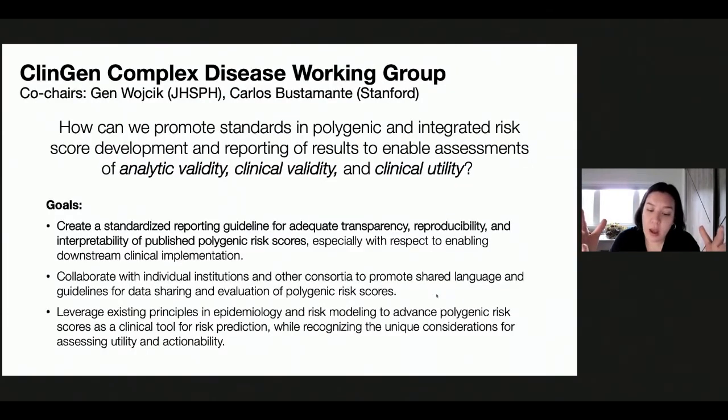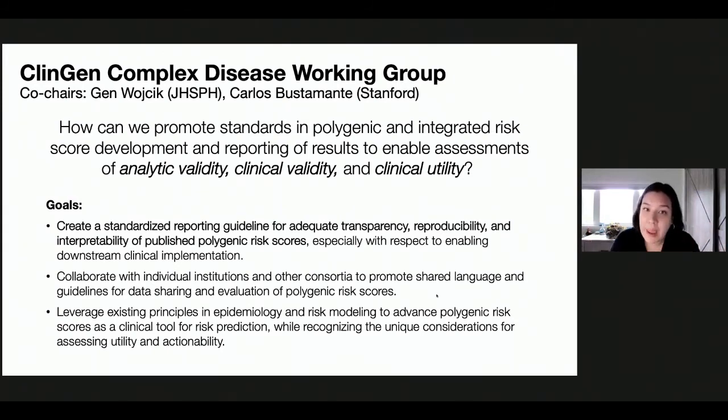And so to address this is the complex disease working group. The co-chairs right now are Mia at Hopkins and Carlos Bustamante at Stanford. And the overall goal of the working group is, how do we promote standards in polygenic scores as well as these integrated risk scores or the composite scores I just mentioned, and the reporting of these results.